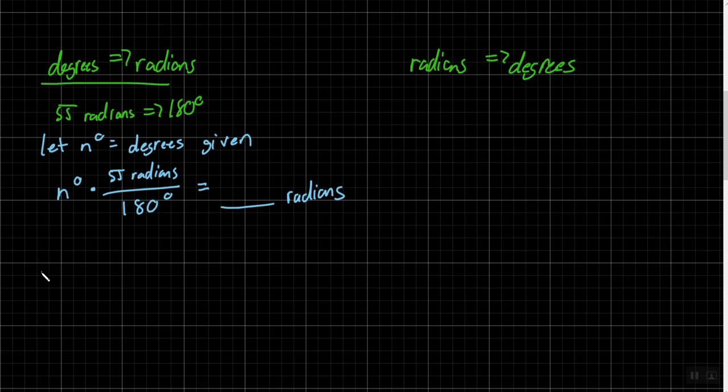So take 120 degrees. Calculator should be in radians. So we're going to multiply it by pi and divide it by 180. What do we get for radians? And I want you to have it in terms of pi.